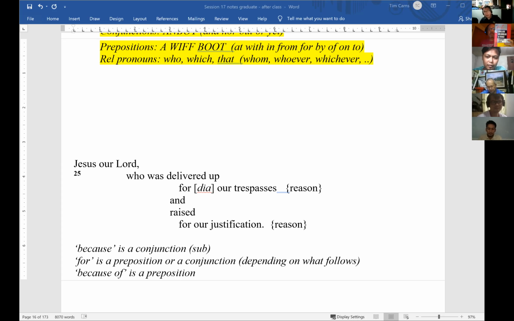So one thing you could do, like Jonathan had that question about unless, is look up the word unless in a book like this. Notice what it says. I don't know if you can see this right here.